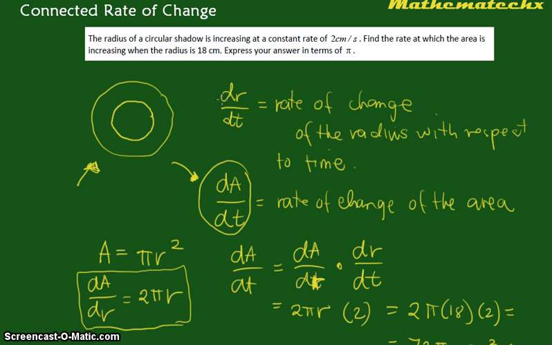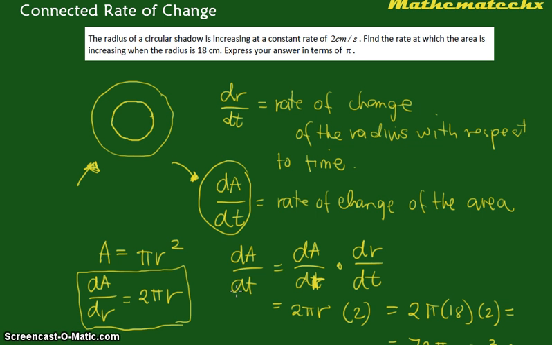The known rate is dr over dt, the change in the radius with respect to time, given by 2 centimeters per second. What we want to find is the rate of area at the time when the radius is 18 centimeters.